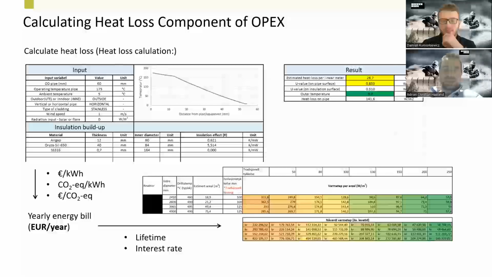In the example you see here to the lower right, we calculated for 4 different reforming reactors at the refinery, and we calculate different insulation thicknesses, in this case of mineral wool, how much the heat loss will cost the operator in terms of lifetime operating cost.